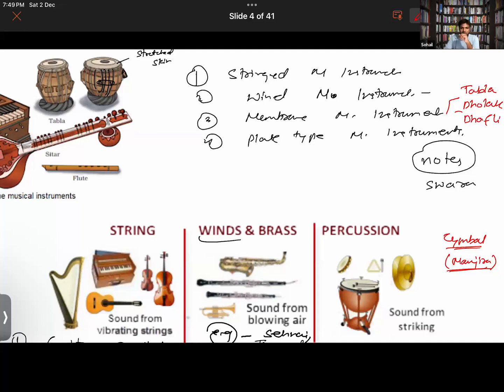Okay, all right. And Jal Tarang was also there, as you mentioned, Arhan, right? So you have different numbers of cups, filled with different volumes of water. As we start to hit it using a stick, different sounds with different frequencies are being produced, right?